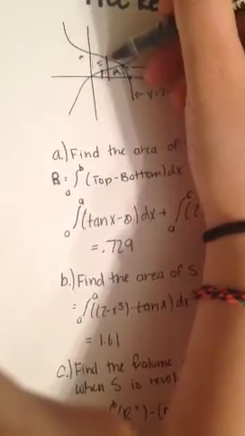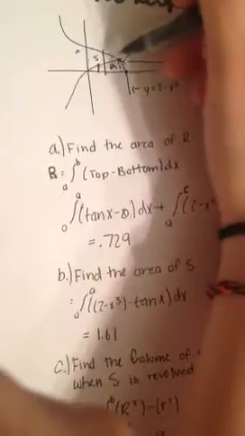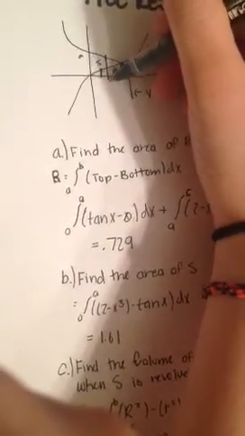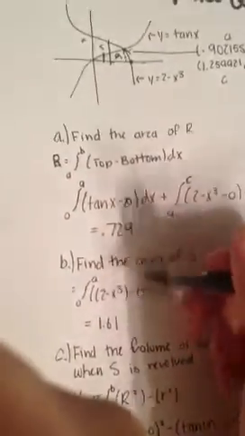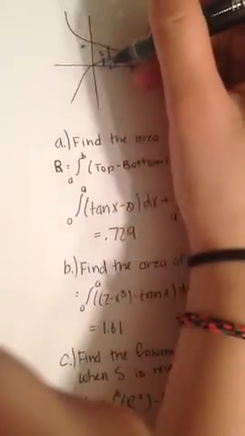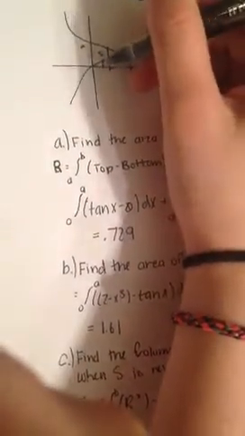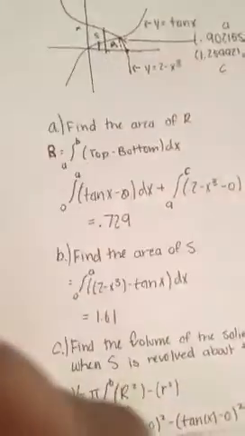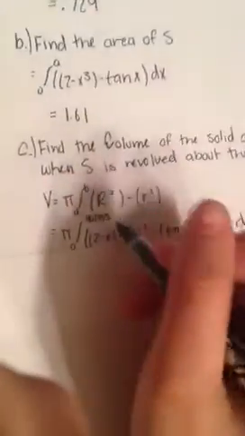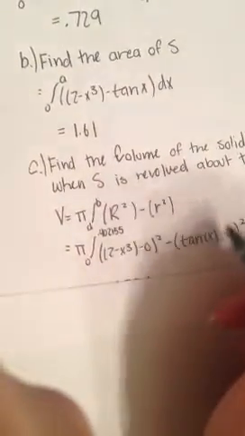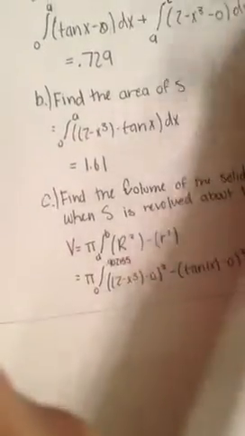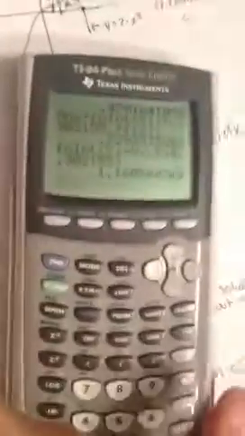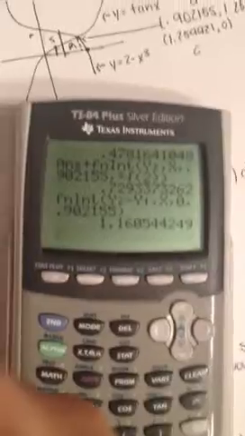Your top equals 2 minus x cubed, minus 0. And then your little r equals tangent x minus 0. So that's how I got that equation. And you square both.